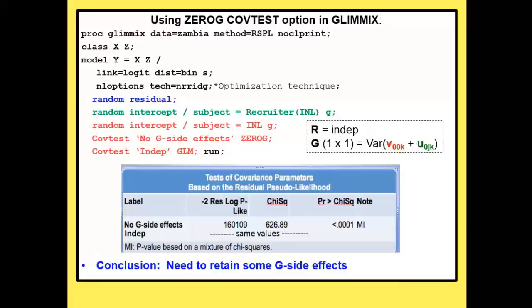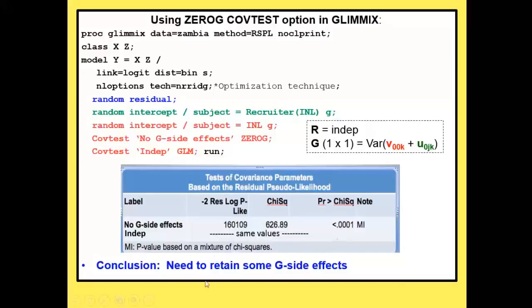And when you run the COVTEST, either one of these is testing the same thing. Because if you do the 0 G, you're basically saying there's no random effects. If there's no random effects, the reduced model is independent, right? If you do the independent, you're also saying there's no random effects because the R matrix is independent. So these two will give you the same answer, and the same answer was this.